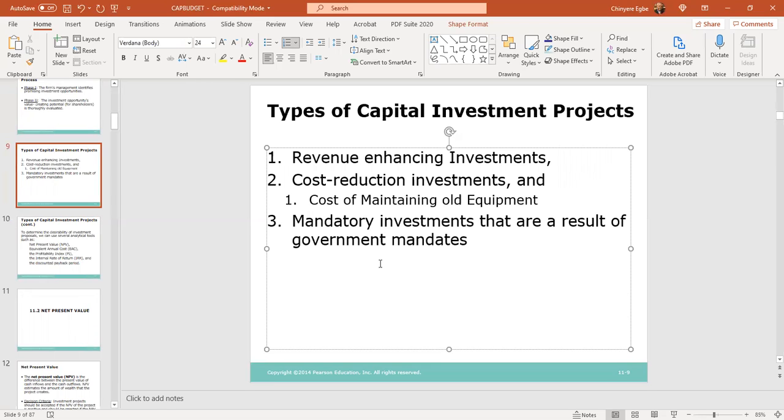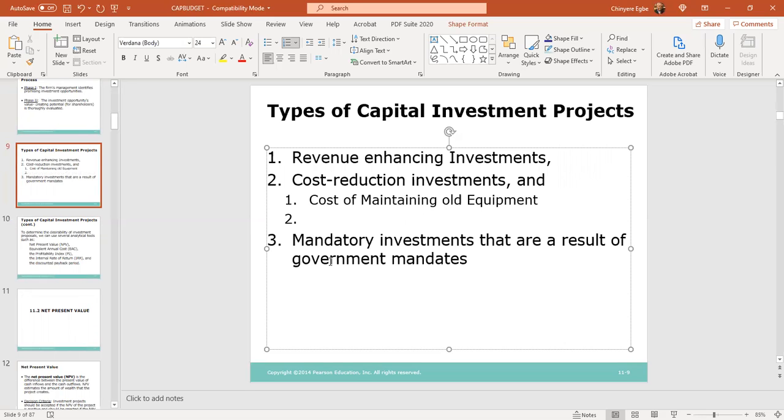You also think about cost savings. For example, you think about new technology. That's an example of cost saving equipment. New technology, new methods of doing things. Those are cost saving kinds of investment.